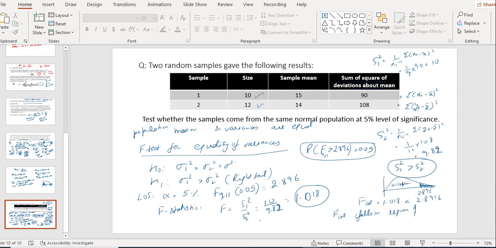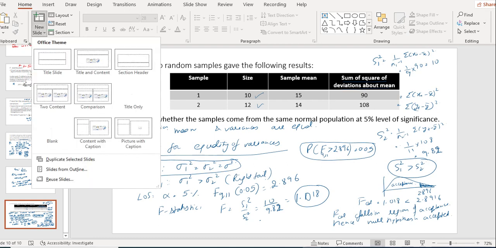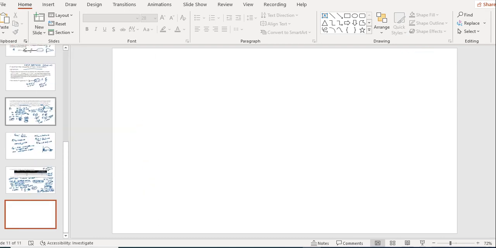Hence the null hypothesis is accepted. Null hypothesis accepted means that their population variances are equal.